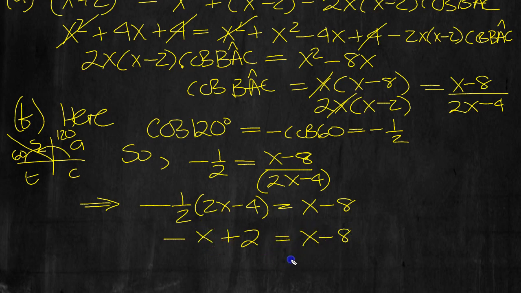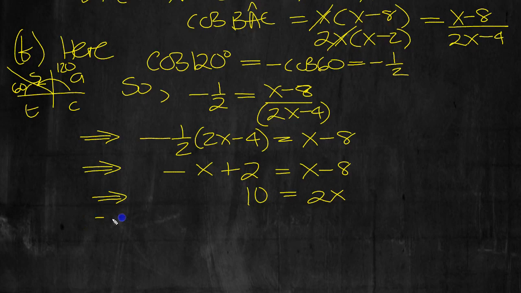Move this minus x over to be with the other x, and we get 2x, don't we. Move the minus 8 over to here, so that 2x equals 10. Then I'm going to put the x equals, and move the 2 underneath the 10, so x is equal to 5.